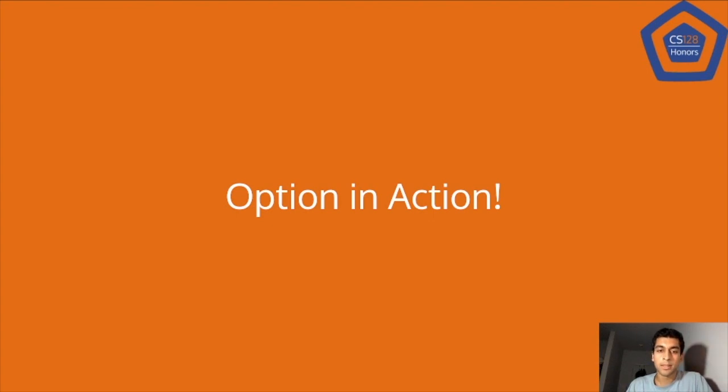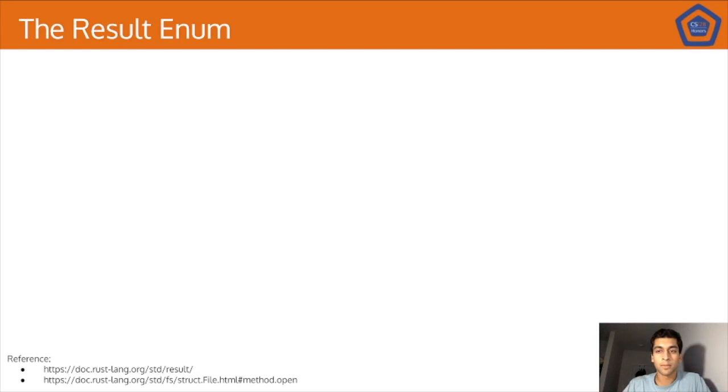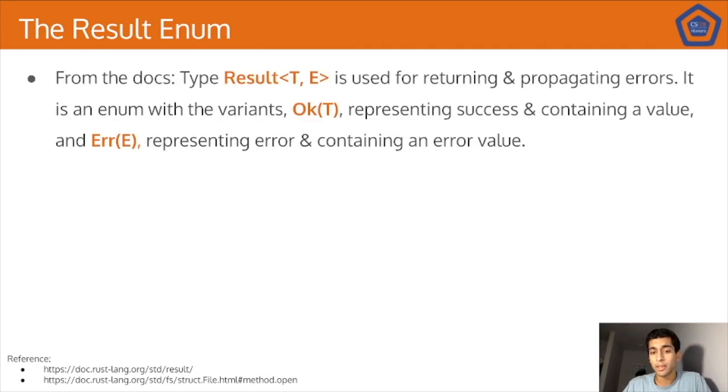Okay, let's move on. Eustace introduced you guys to the result type enum in the last lecture. So the result enum is used for returning and propagating errors. Rather than exiting your program with an exception, Rust allows you to return this type that either contains a value of success, so Ok, or some type of error.